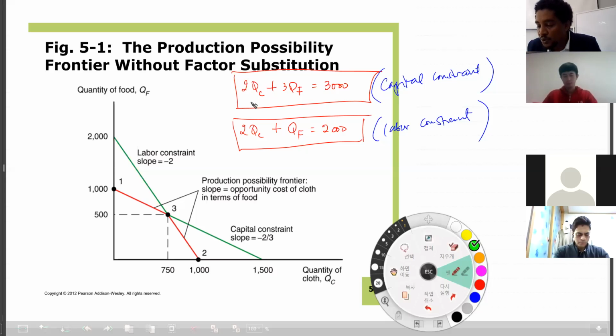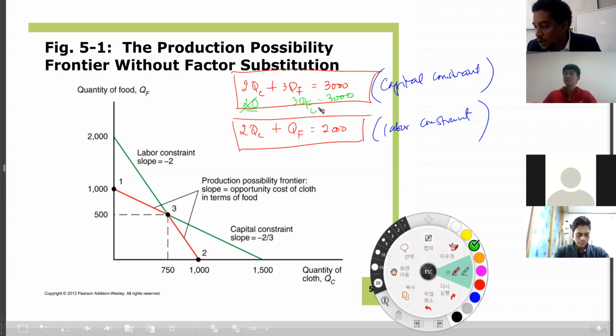If we produce 0 quantities of clothes, or if we produce only food, how much food can we produce? So this will be 0, right? Because 2 times 0. So this is equal to 3QF is equal to 3000.